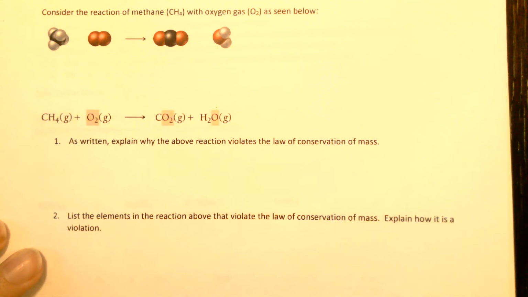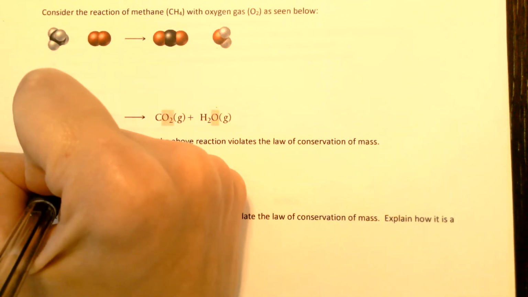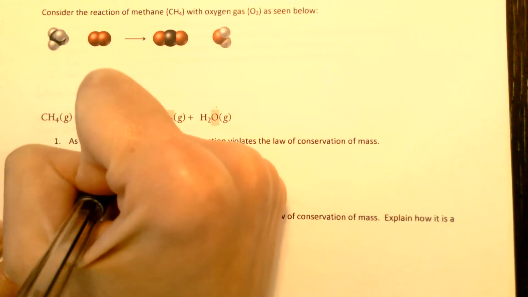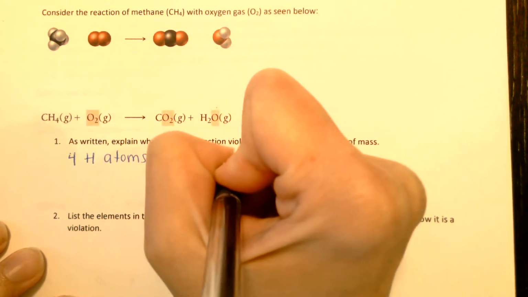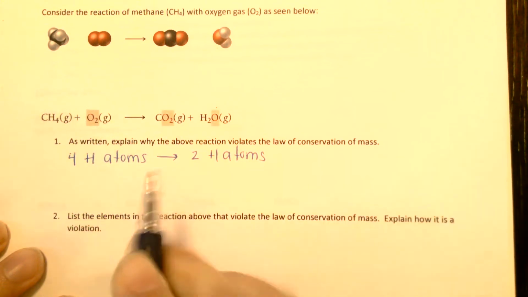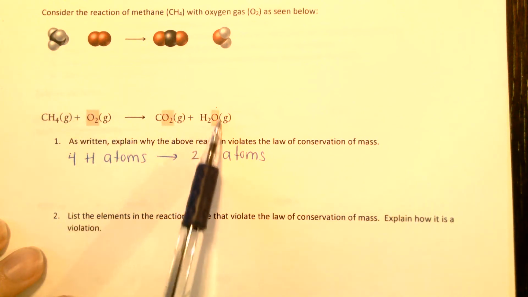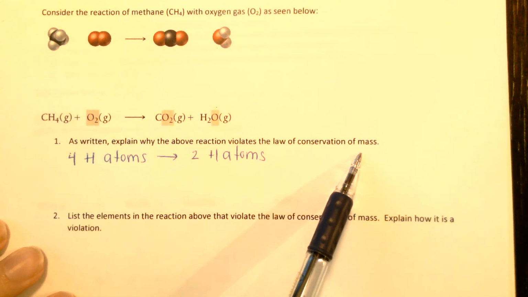As written, it seems like we go from 4 hydrogen atoms to 2 hydrogen atoms, so we have destroyed 2 hydrogen atoms in the process, which violates the law of conservation of mass.